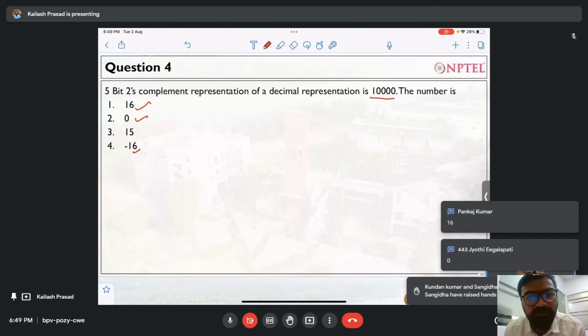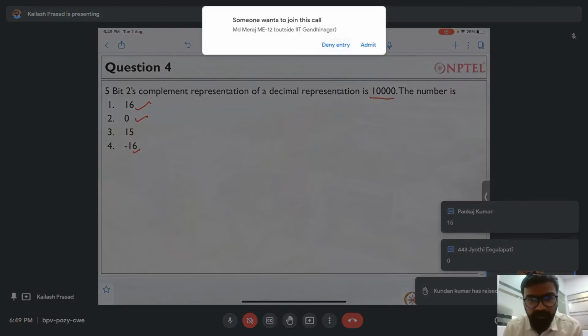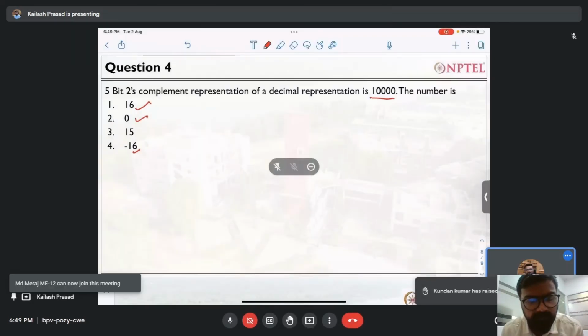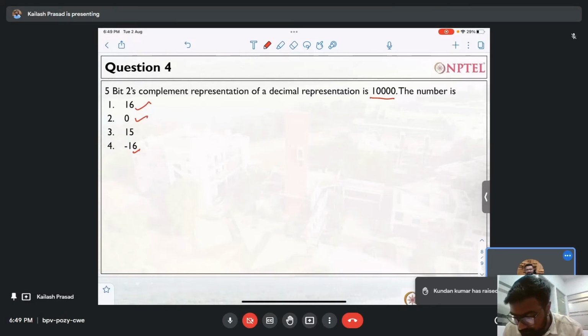Let us convert this into decimal representation. What is the way to convert any 2s complement representation into a decimal number? It's very simple. You write it like this: 0 into 2 to the power 0, plus 0 into 2 to the power 1, plus 0 into 2 to the power 2, plus 0 into 2 to the power 3.